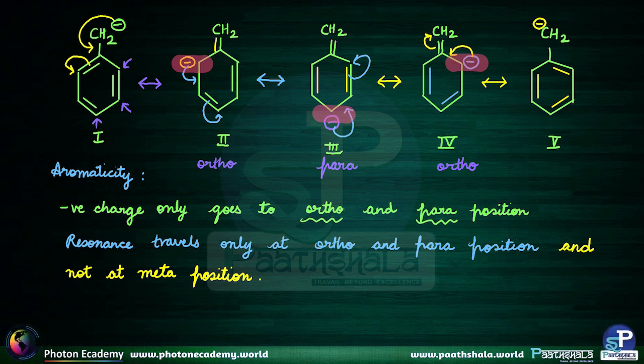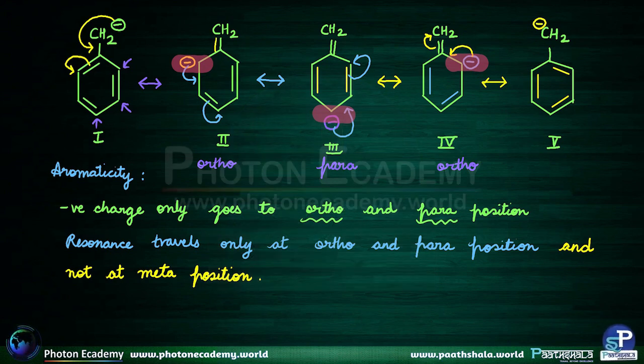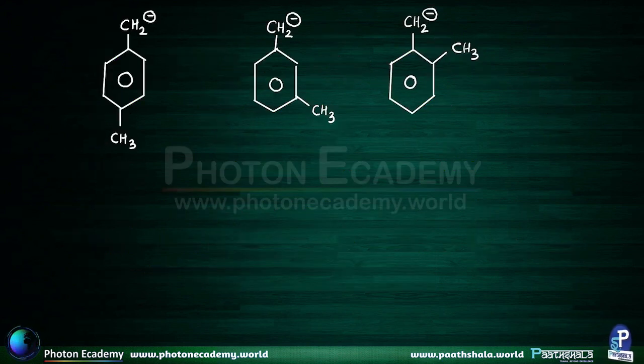Now, why I wanted to highlight this particular part is that when I come to the next question, this point is going to be of value to us. Let us see that we have here in front of us first, second, and third.